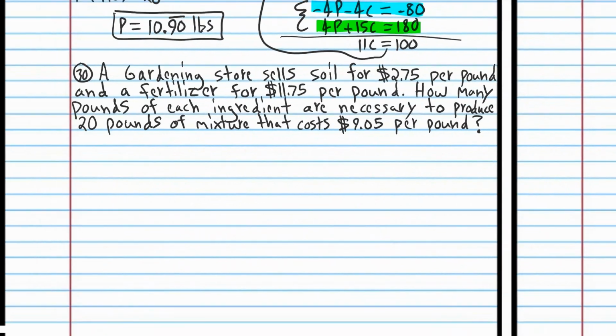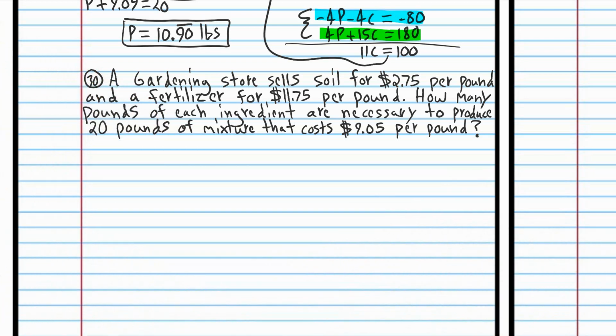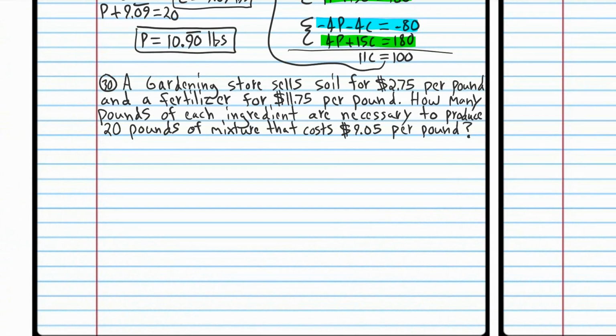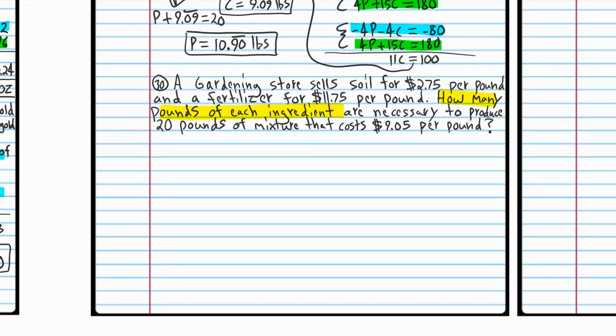All right, so last problem. Try number 30. When you come back, we'll do it together. All right, we're back. First part of the problem, define variables. How many pounds of each ingredient? So what do we have here? We have soil and we have fertilizer.